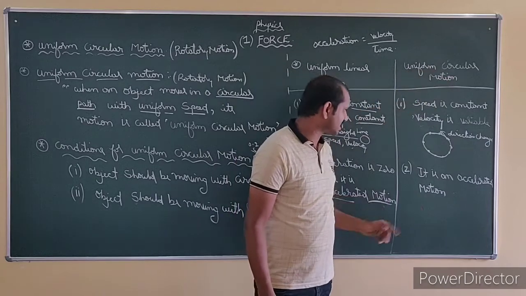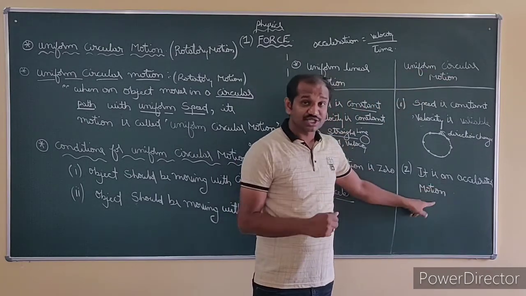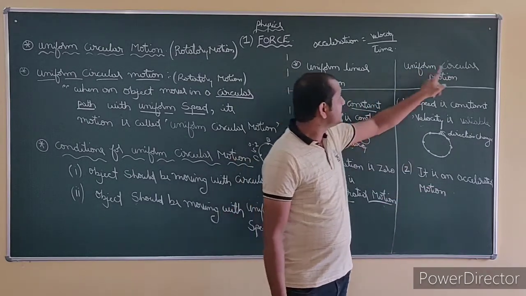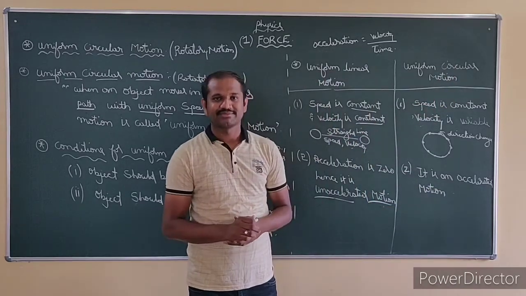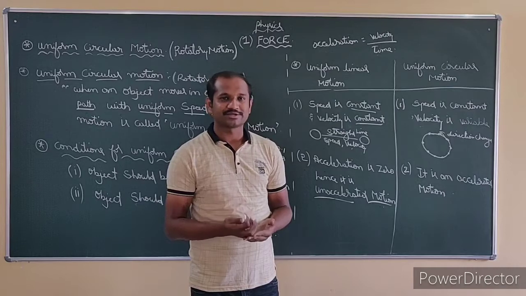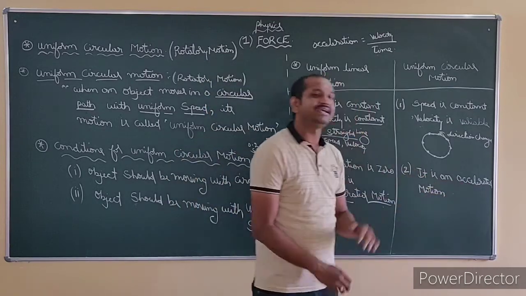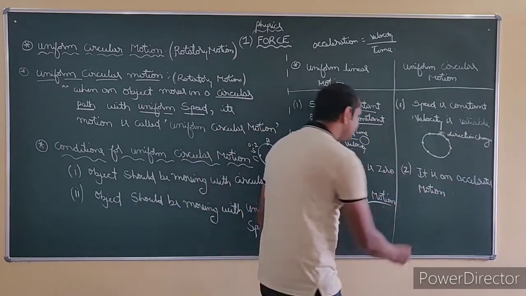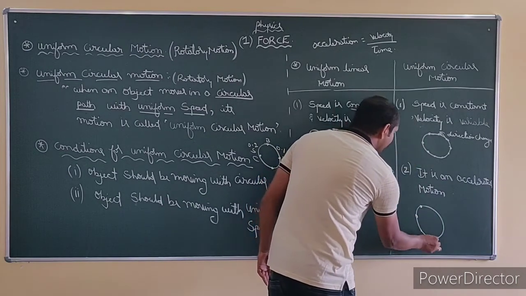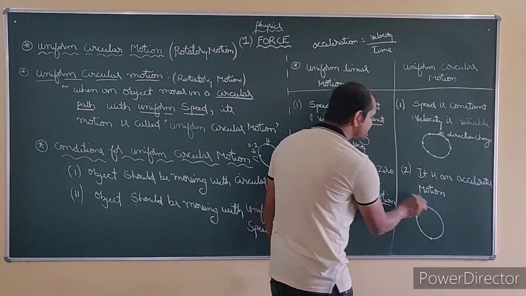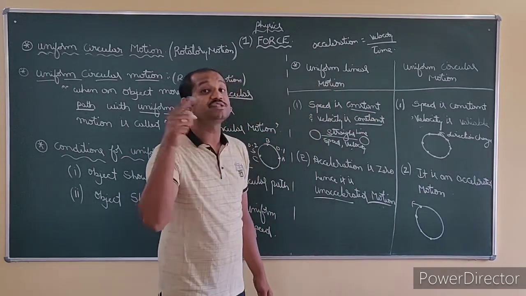But what about uniform circular motion? Even this question is important. They will ask: uniform circular motion is an accelerated motion, explain. By this time I know that you have understood. Why is it called accelerated motion? Because in a uniform circular motion, direction changes at every moment. And I am telling you, if direction changes, it means that velocity changes.